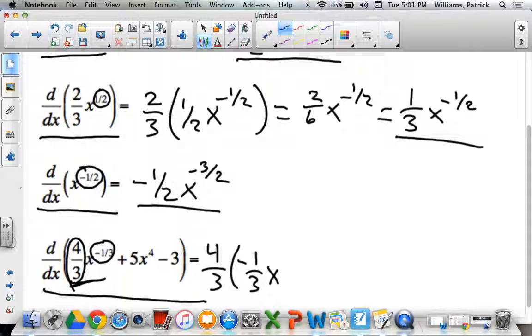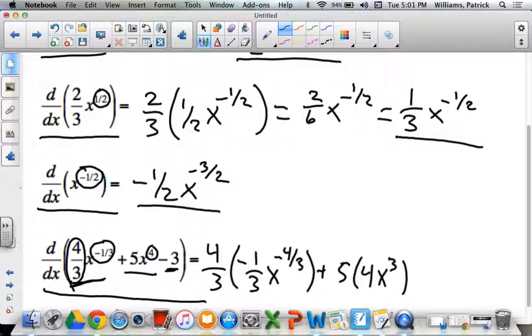And then negative 1/3 minus 1 will be negative 4/3. Then in our second part, our power is going to be 4. And again, we have that constant right out front there. So we can say this is plus 5 times, bring the 4 down, x, subtract 1 from 4, we get 3. And then finally, in this last one, well, the derivative of a constant is what?